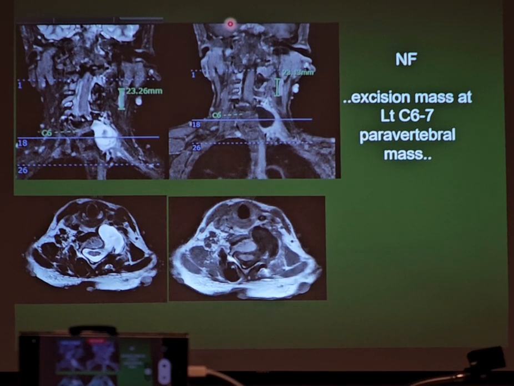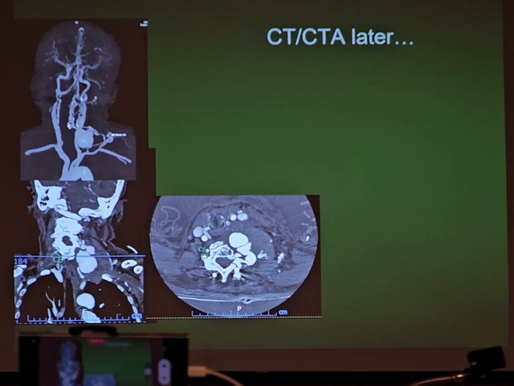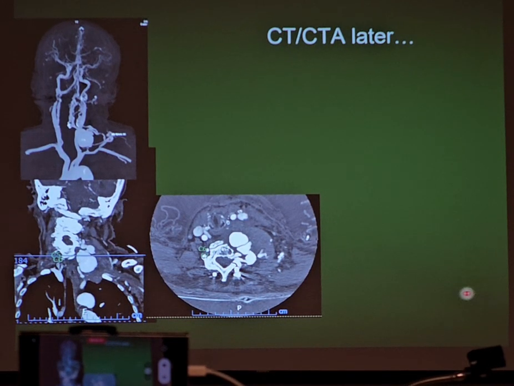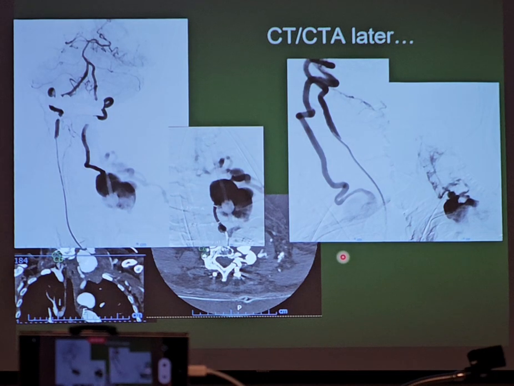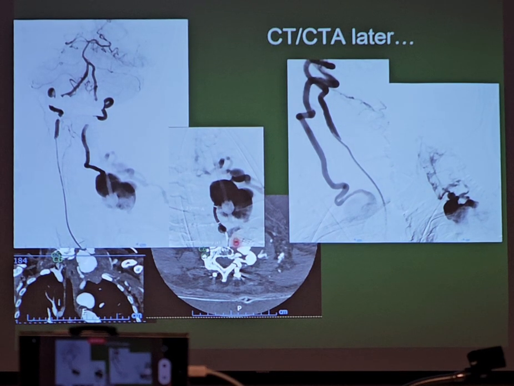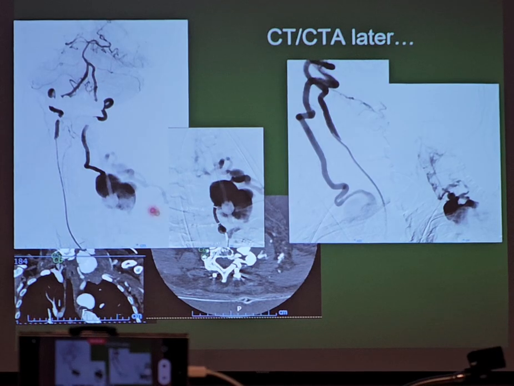Probably the last case, the NF with, they excised the mass. Probably they believed that it was a neurofibroma, and now we have something to replace the neurofibroma, which is now this pouch. So again, we need to go up and down by the contralateral side to check whether we were able to, and this is from ipsilateral, this is from contralateral.